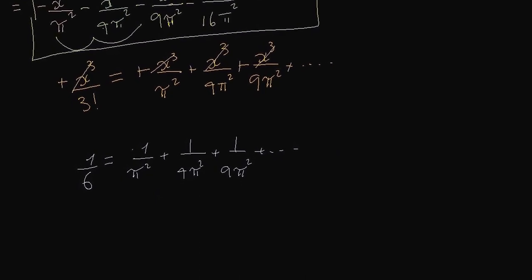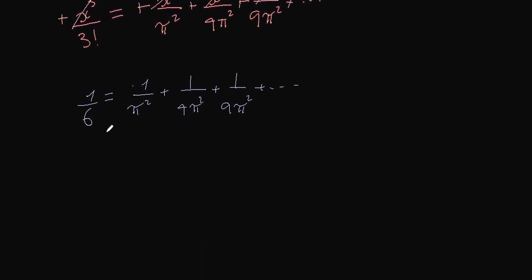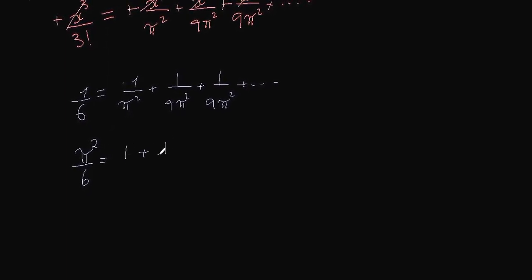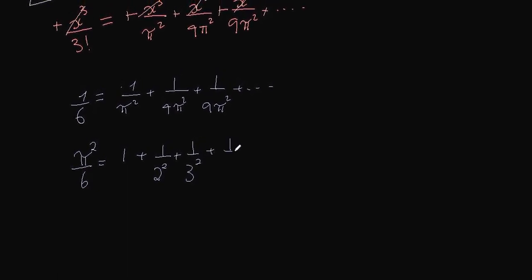Now if we multiply both sides by pi squared, we get pi squared over 6 is equal to 1 plus 1 over 2 squared plus 1 over 3 squared plus 1 over 4 squared plus, and so on.